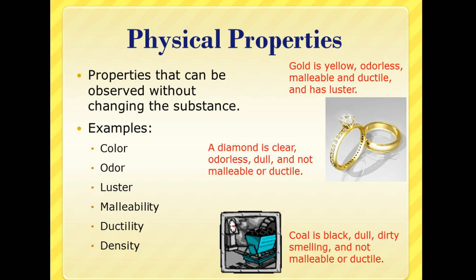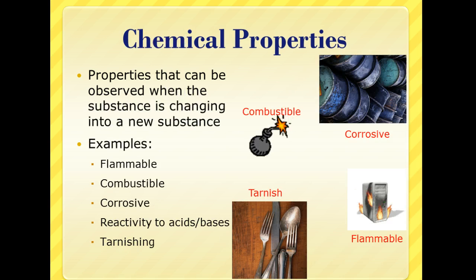So this is just giving you a few examples of when you look at a substance, you go through these physical properties, and when you're done with something, you check to see that it still has those physical properties. The chemical properties are properties that you see when something is chemically happening. These are properties that can be observed when the substance is changing into a new substance.